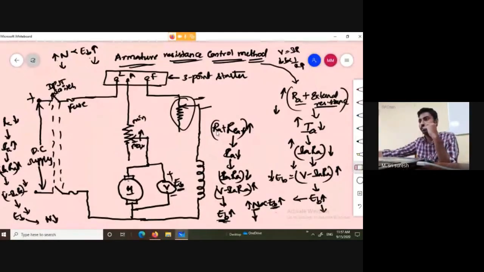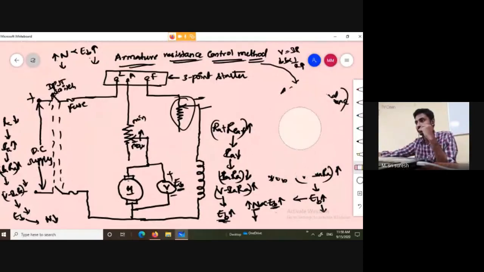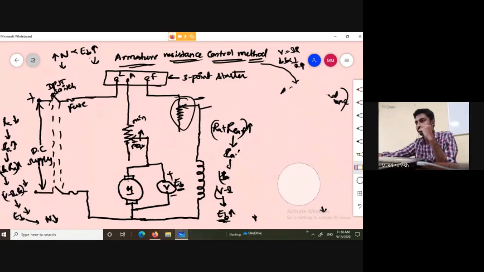Correspondingly the speed value will also decrease. So for example, we'll consider the readings with an example.